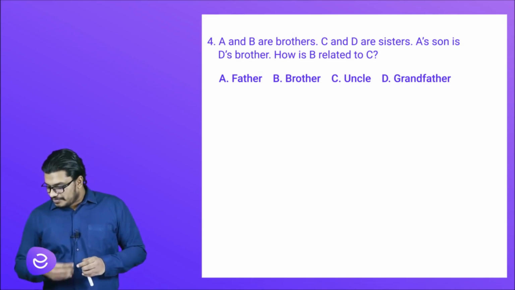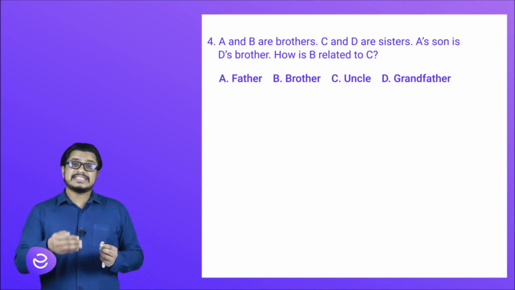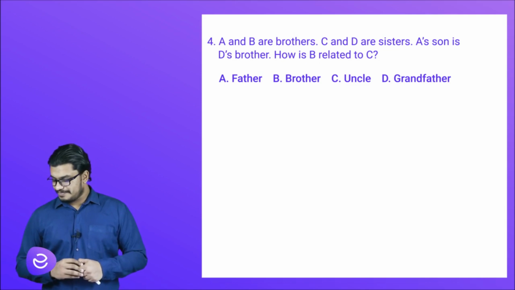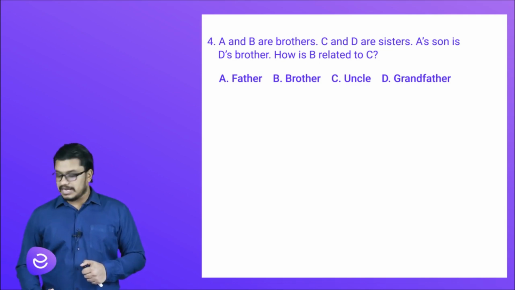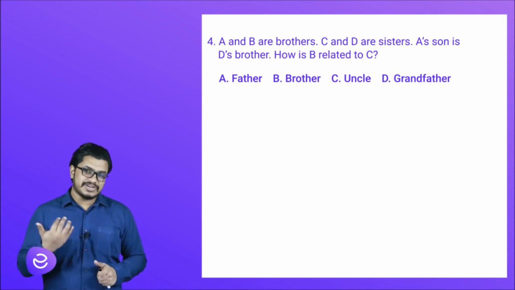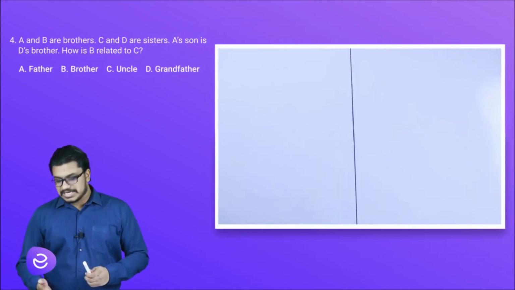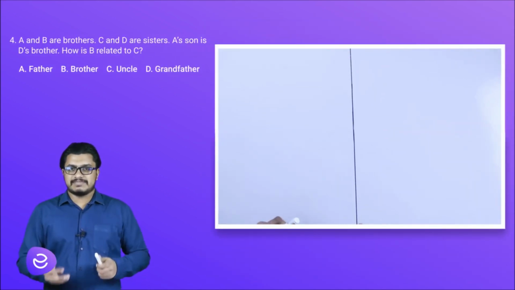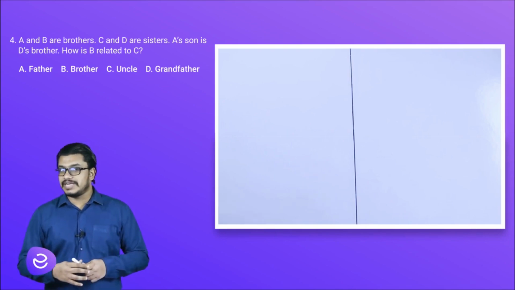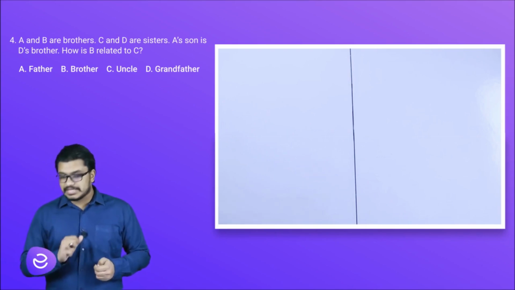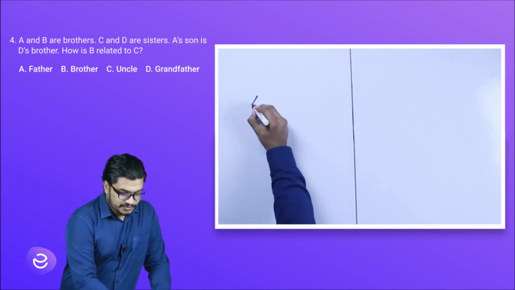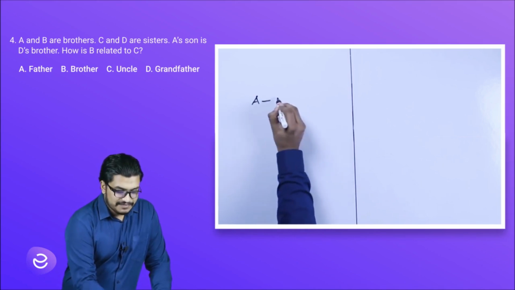Now in the third sentence they are saying that A's son is D's brother, and in the last line they are asking how B is related to C. So take it sentence by sentence, break it down, and you'll find it very easy. The first thing is A and B are brothers. So we have A here, we have B here.